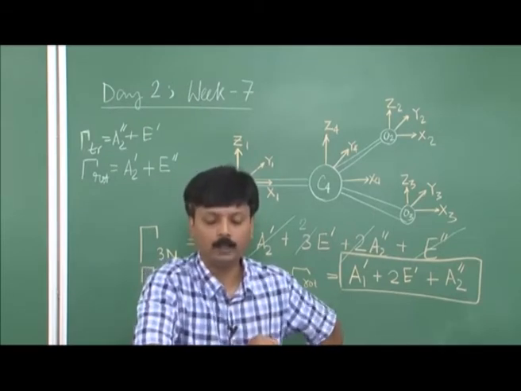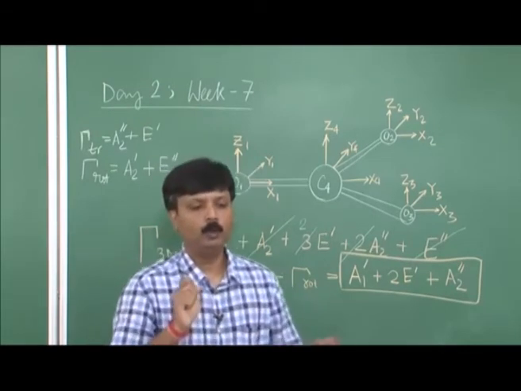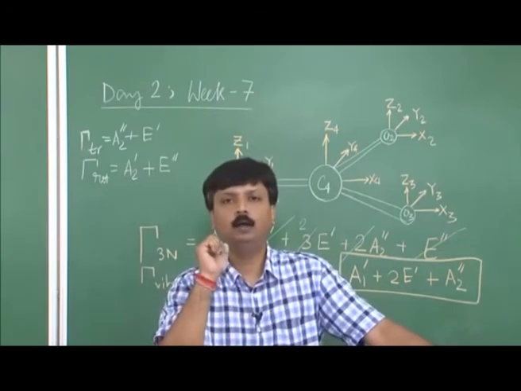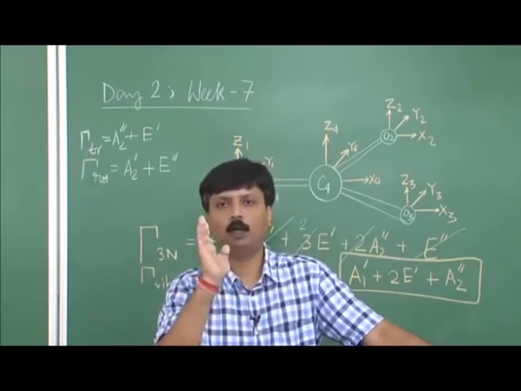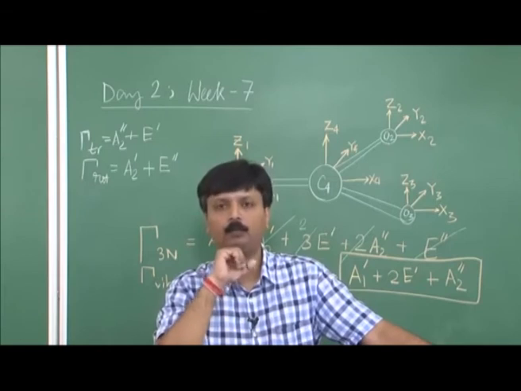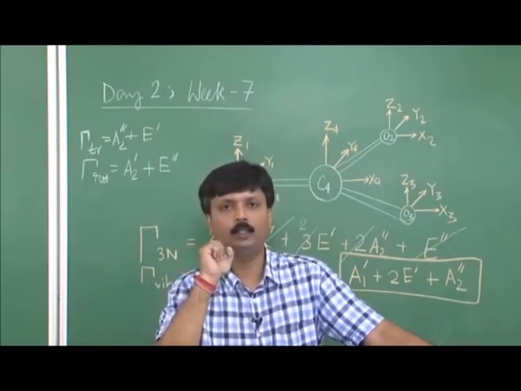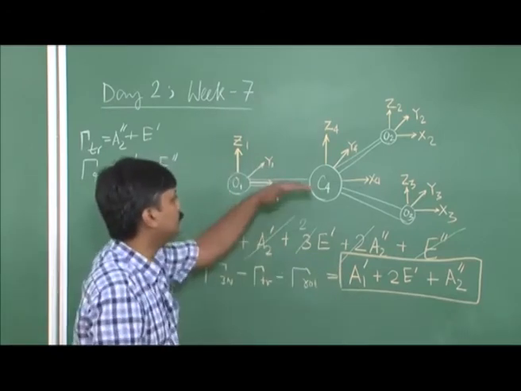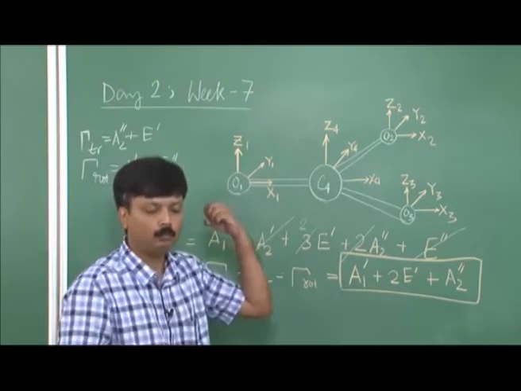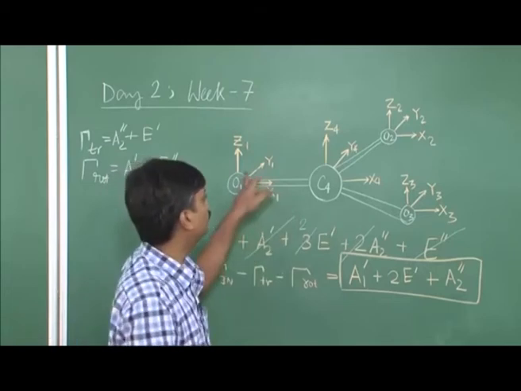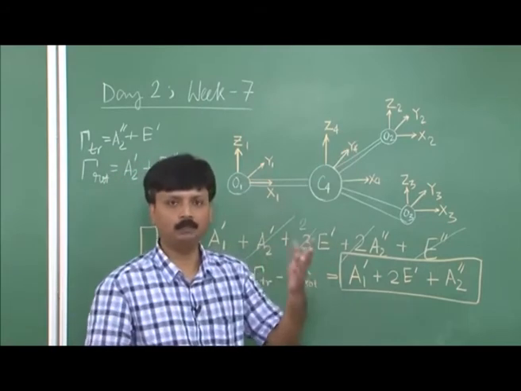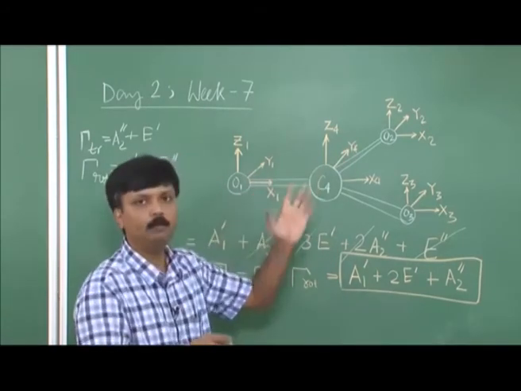You have to consider either certain bonds or the bond angles to be your internal coordinates. Here we can consider these CO bonds as my basis function, or this OCO bond angle as my basis function, or any dihedral angle even as my basis function.